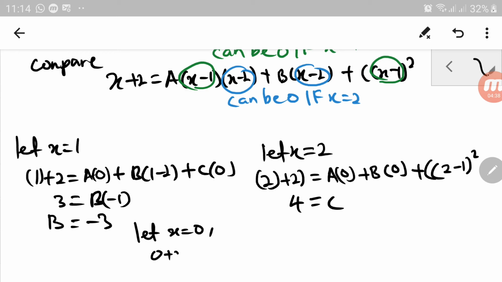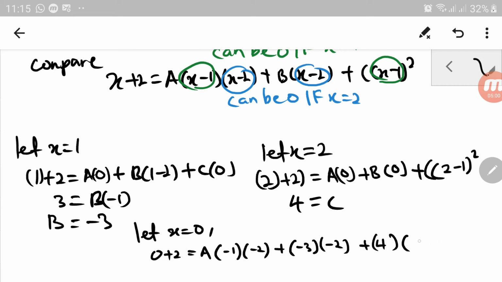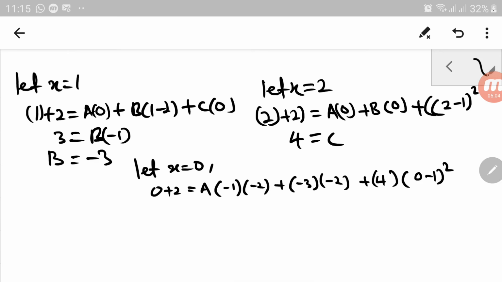So 0 plus 2 equals A, A is the one that we want to find, times 0 minus 1 times 0 minus 2, which is minus 2, plus B, B is minus 3, times 0 minus 2, which is minus 2, and then C, we already know, is 4, times 0 minus 1 squared. So we're going to solve this.